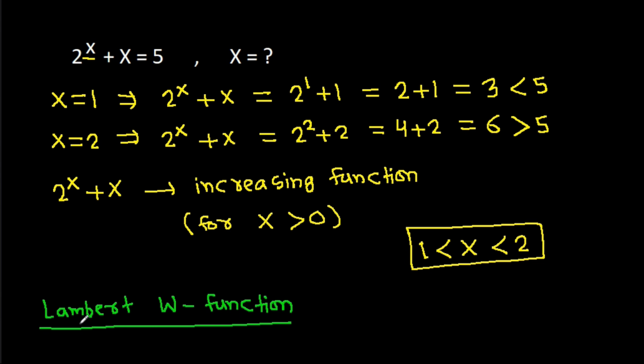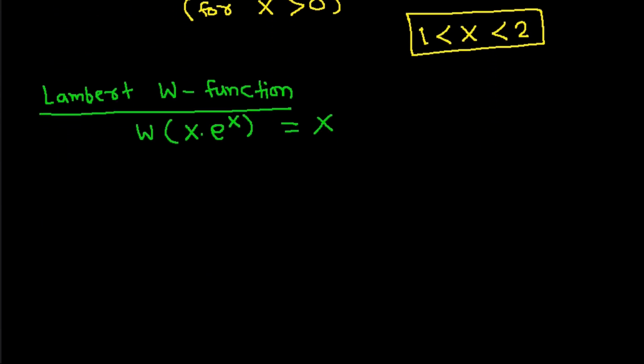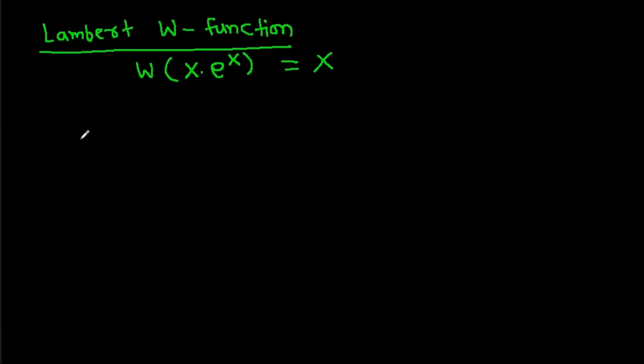According to the Lambert W function, W of any number x times e^x is equal to x, and we have 2^x + x = 5. So we need to convert this equation into the form of x times e^x.